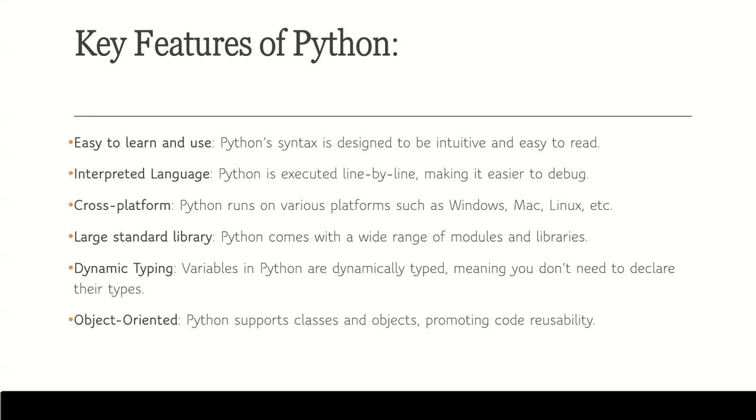Interpreted language: Python executes line by line, making it easier. Wherever the error is, you stick to that only, rectify that error, and move further. Simple idea. Cross-platform, that's the best part. Even if you are working on Windows, Mac or Linux, it is easily portable. You don't need a particular configuration to trigger it. It's very flexible to work on.